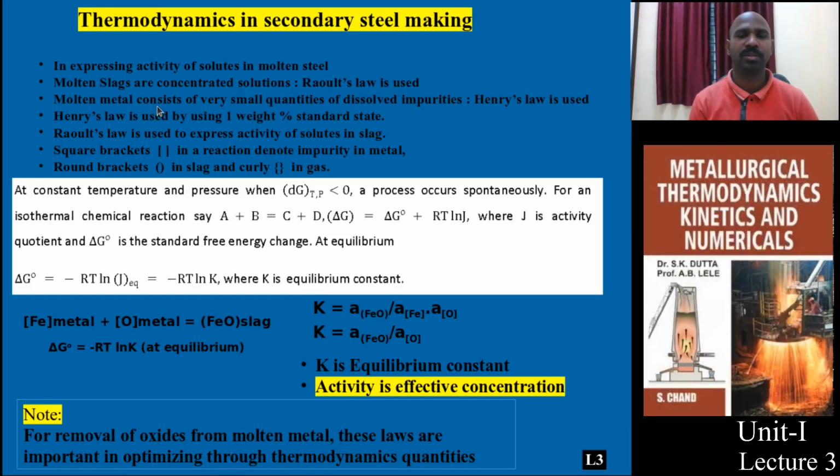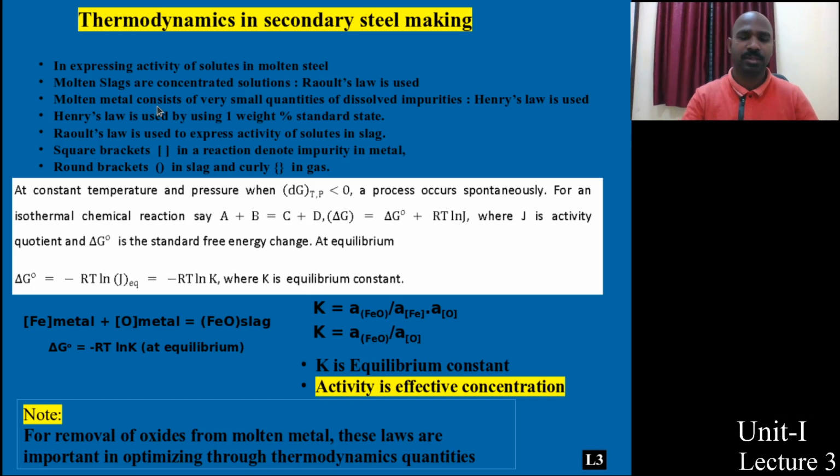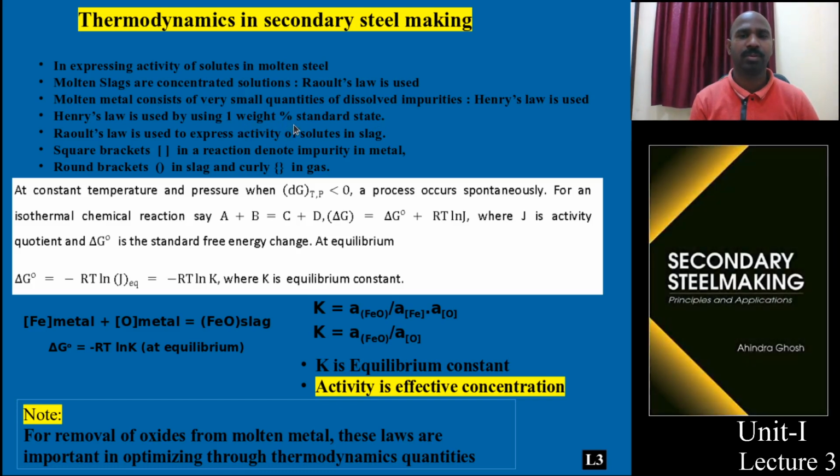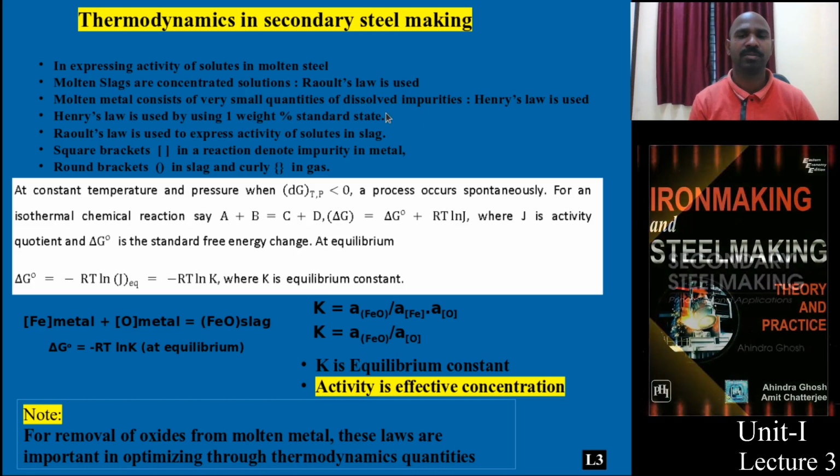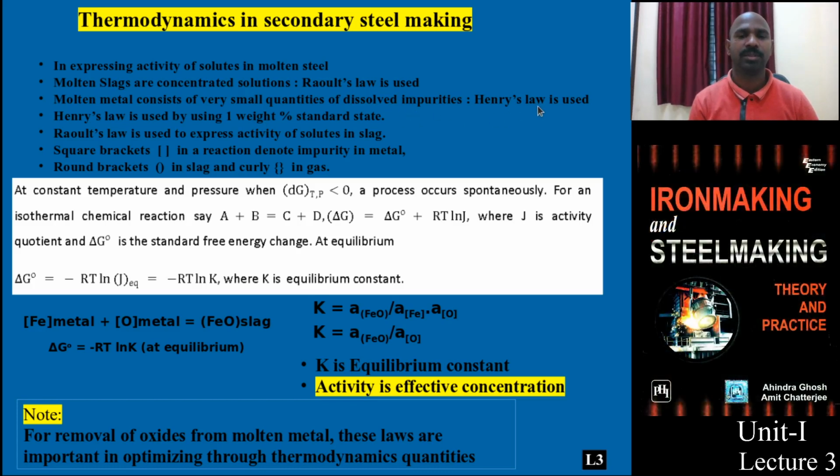In case of molten metal or hot metal, such as steel made from the primary steel making, how many impurities are dissolved, what is the content of impurity, it is calculated with respect to 100% standard state. Here 1 indicates 100%. In that situation Henry's law is very much useful. So there are a few things one needs to know.